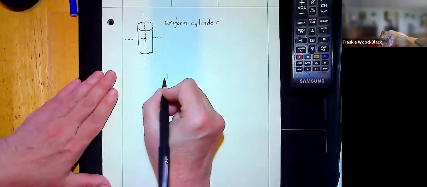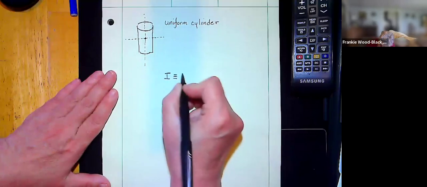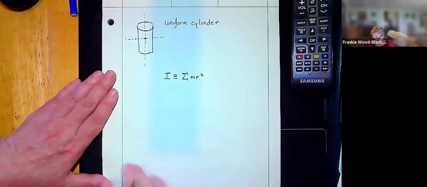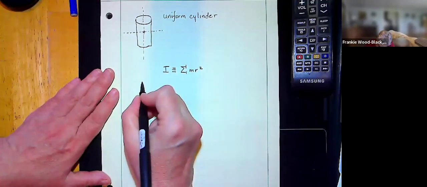My moment of inertia is going to be defined as the sum of our individual little masses that we have. So let's take a baton.